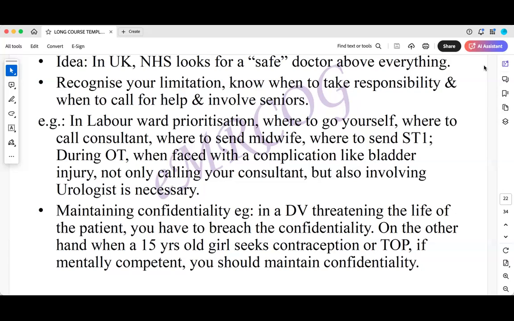So this comes under the safety module, and this is very important: you have to ensure, when prescribing medication, which is very, very common, that you check allergy. Prescribing medication without checking allergy, what do you think?